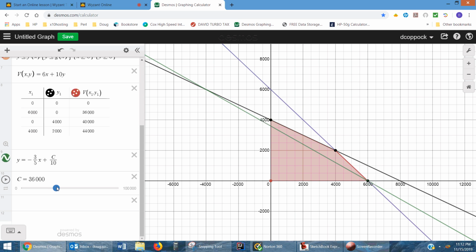That's the number of victims. When I go through the point 0, 4,000, C is 40,000. But when I finally get to this vertex, C is 44,000. So that's your answer. 4,000, 2,000 will aid the most victims, and the most victims that can be aided are 44,000.